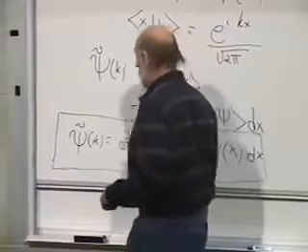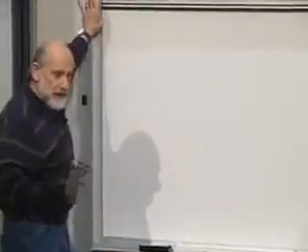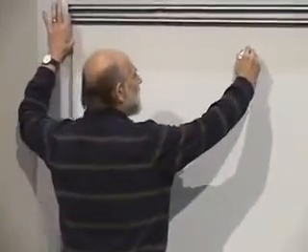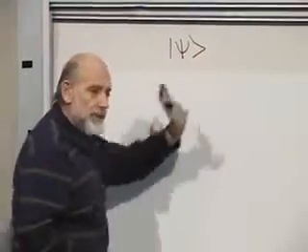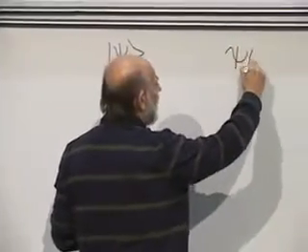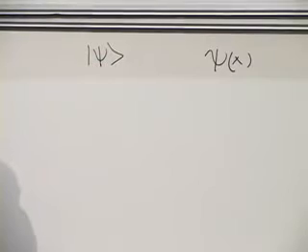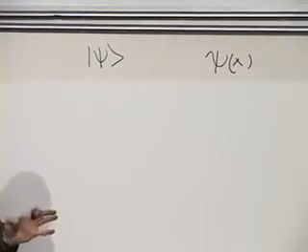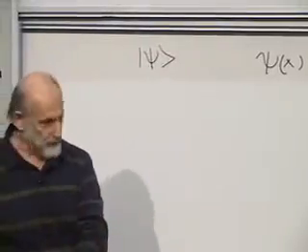Here's something you can sort of guess. In other words, there are two representations of the same thing. We have a state psi. We can represent that state psi in terms of a wave function psi of x, whose square is the probability. When I use the word square, I mean times its complex conjugate, whose square is the probability for different positions.